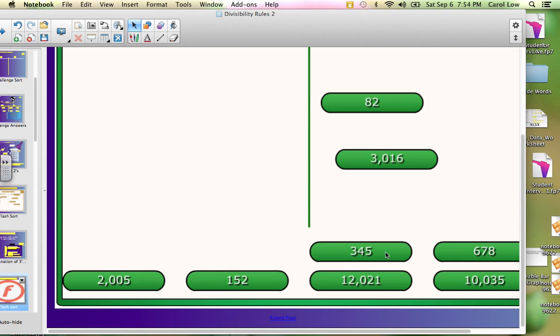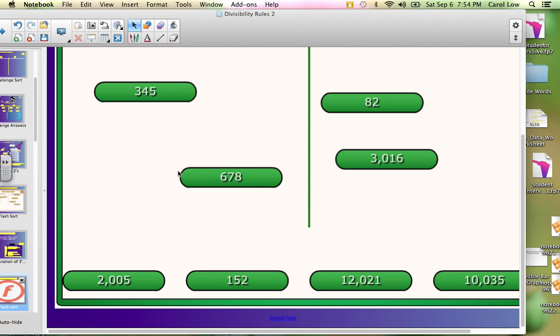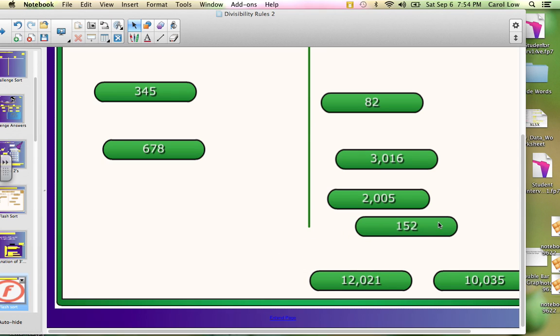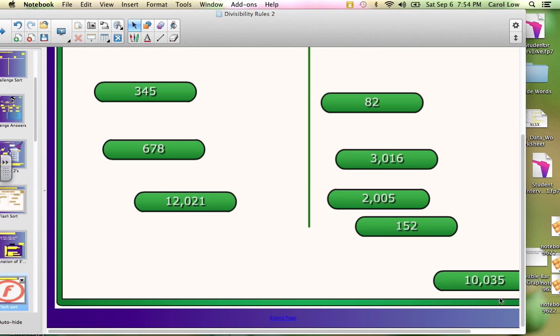This one is 7 plus 5 is 12. This would be divisible. This would be 21. It would be divisible. This one, adding them all up, is 7. Would not. This one would be 8. Would not. This would be 6. It would be. And this would be 9, and it would be.